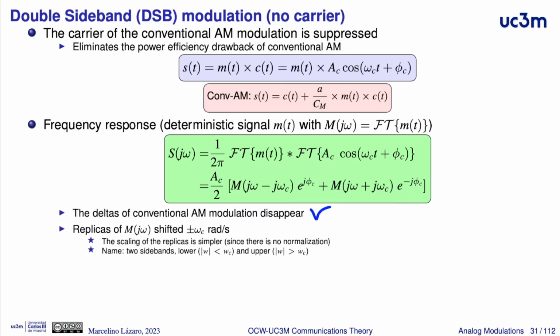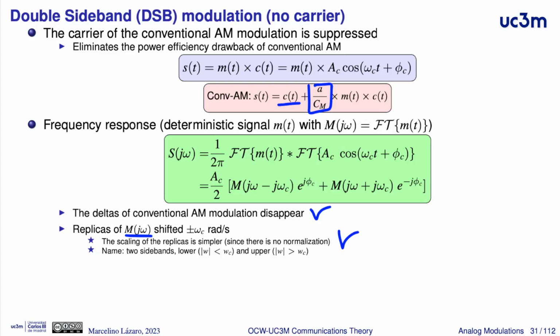Compared with a conventional AM, we don't have the two deltas that were the Fourier transform of the carrier, and we only have the shifted replicas of the frequency response of the modulating signal M of j omega shifted plus and minus omega c radians per second. There is also no scaling related with the modulation index and with the range of the modulation.